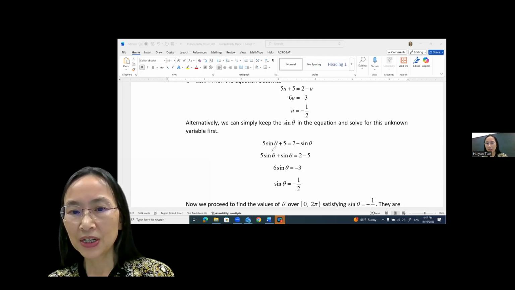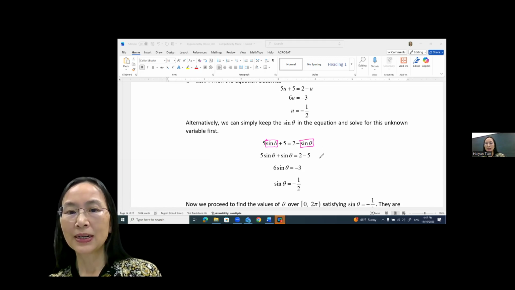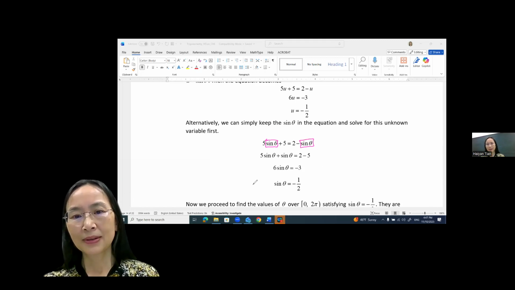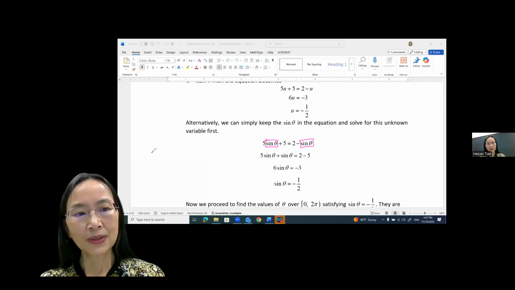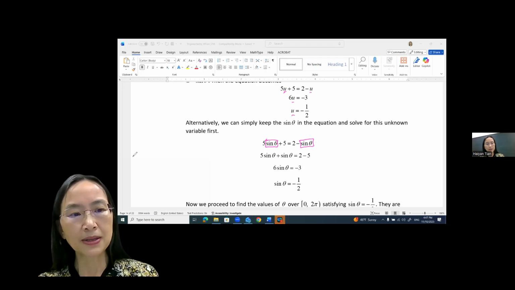This equation looks more complicated, but as soon as we recognize it as one single variable that we try to determine the value for, then it's the same process, right? Just instead of u, you can write sine theta. Step by step, you can find sine theta, which is still negative half.